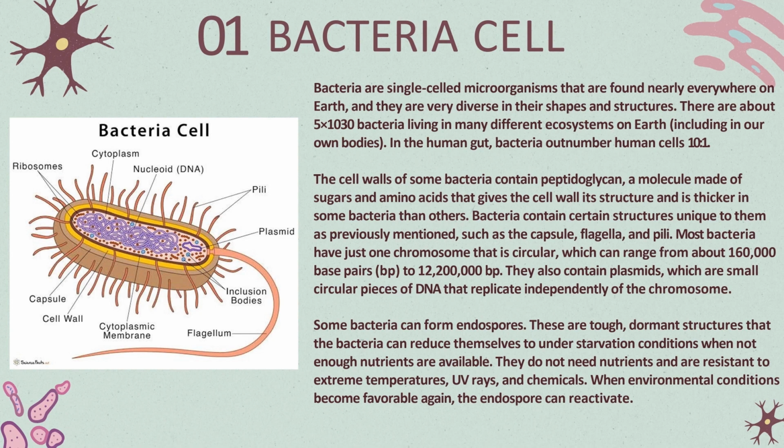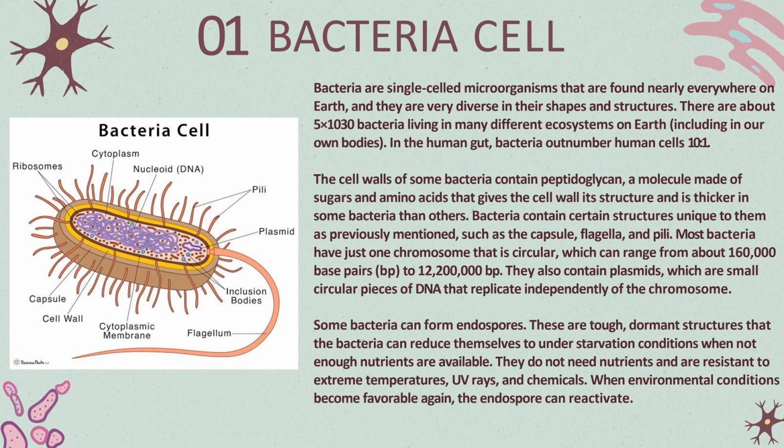Most bacteria have just one circular chromosome, which can range from about 160,000 base pairs or BP to 12,200,000 BP. They also contain plasmids, which are smaller circular pieces of DNA that replicate independently of the chromosome.